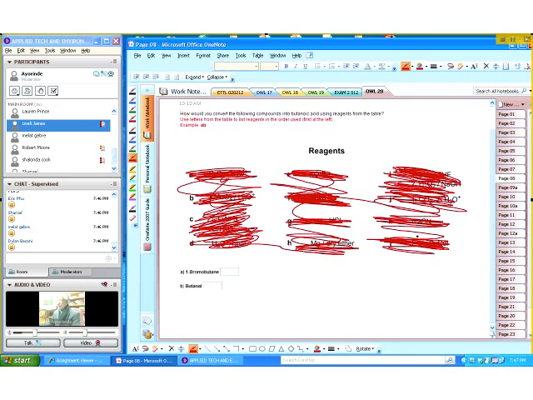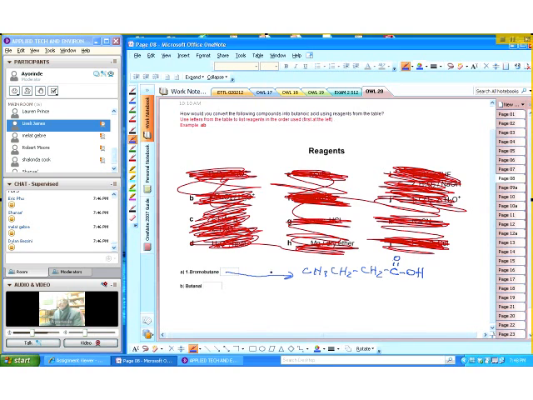How will you convert the following compound into butanoic acid? So what do they want us to do? They want us to take 1-bromobutane and make butanoic acid out of it. That should be very simple.